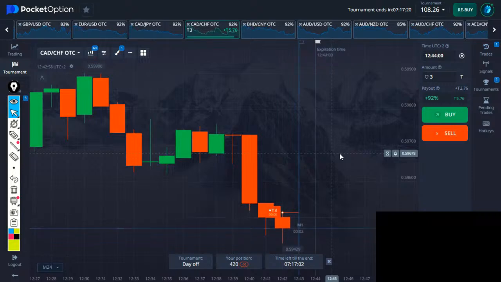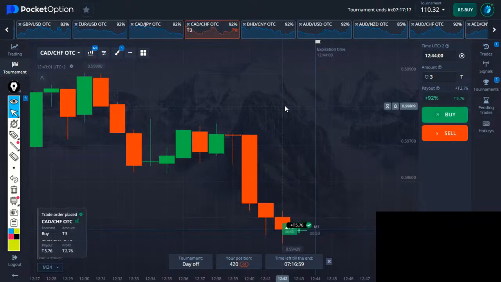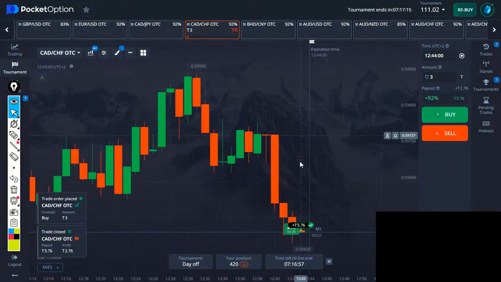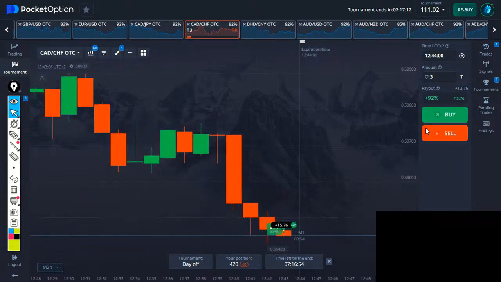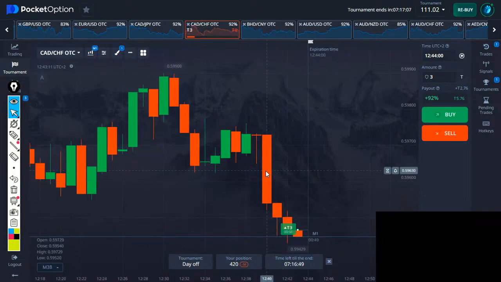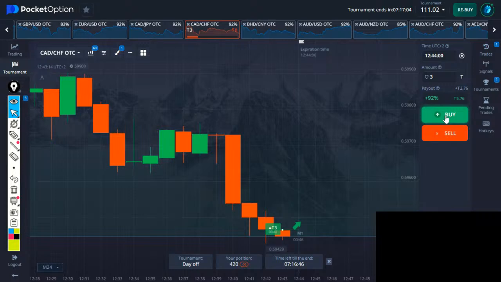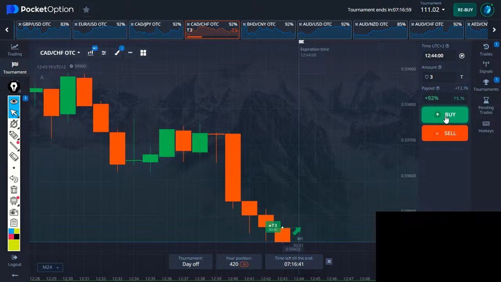That's a win. That's a gap down. I'll take a buy. Especially that we see two rejections happening. I'll take two more if it comes back to this area. Take two more.